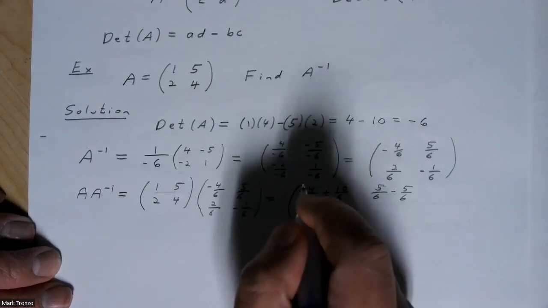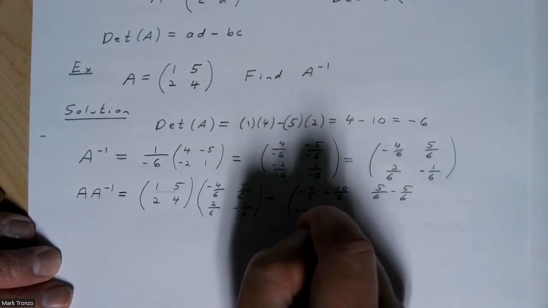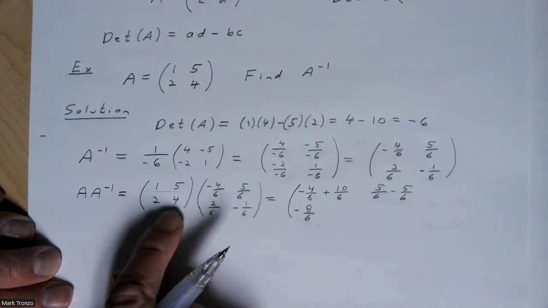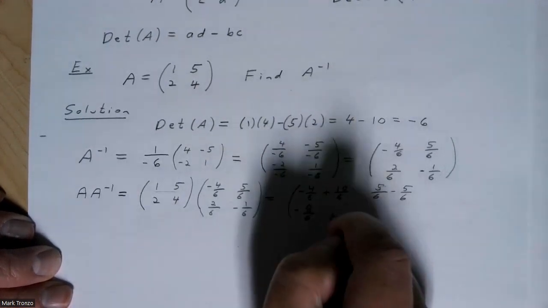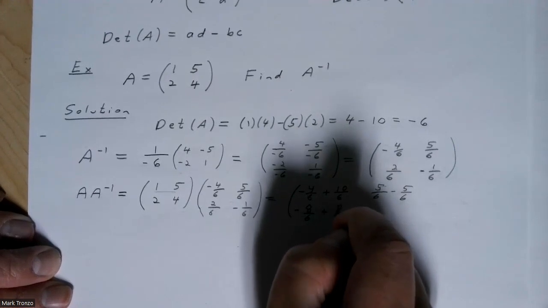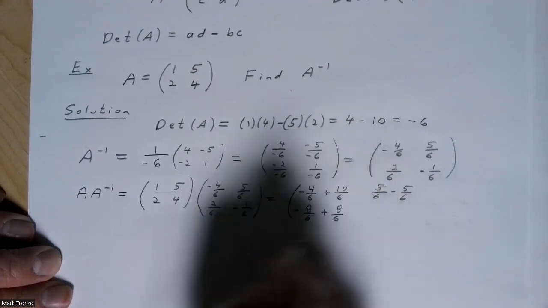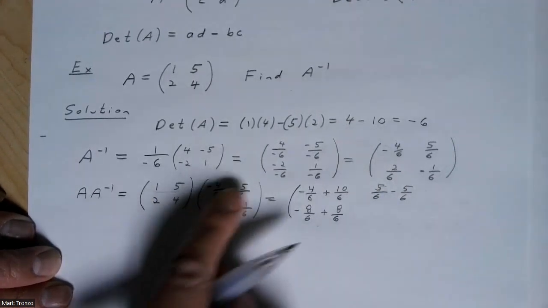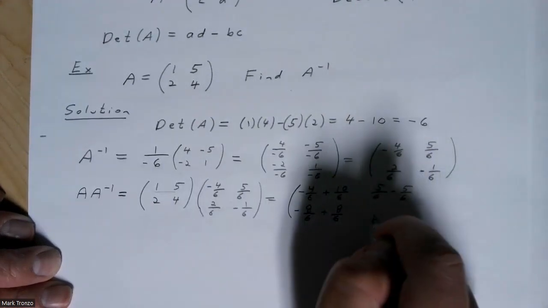Second row times first column. Second row times second column.